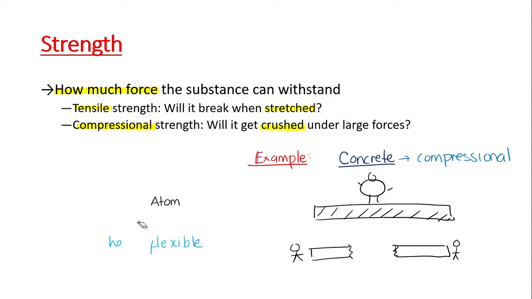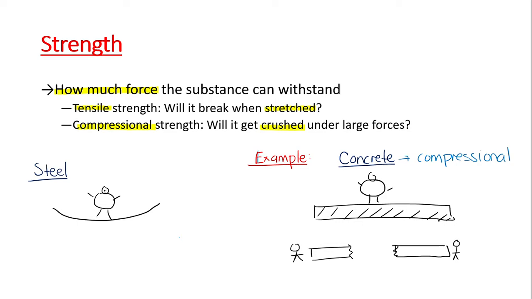Okay. Now, another material we're going to talk about, steel. And if we think about steel, now I have the same person here, steel is much thinner, and I have a very heavy person on top of it.